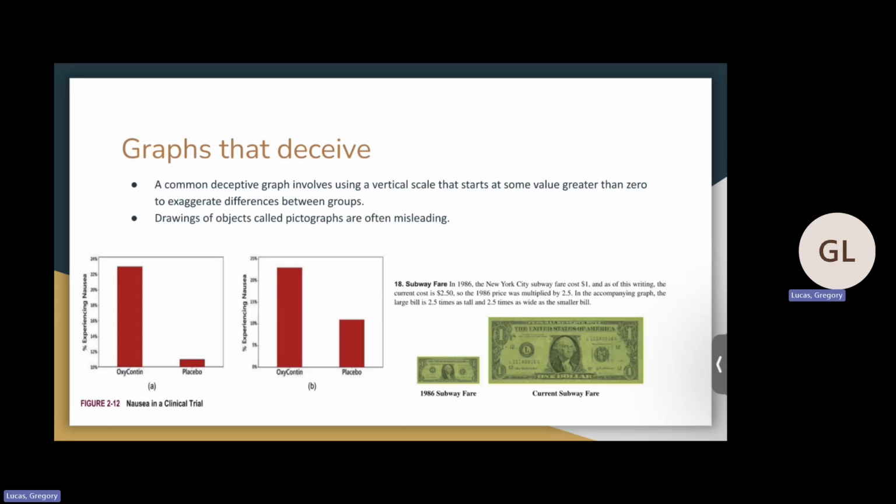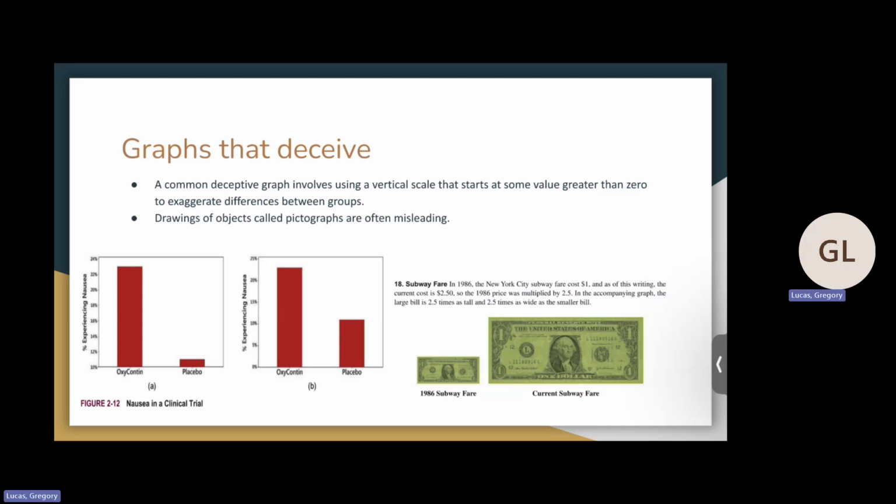We look at the second one, where we started at true 0, we can see maybe there's not as much of a difference as we thought. So starting a vertical scale at a number greater than 0 can really skew what the conclusion actually says. This is a common tactic used when you want to have a conclusion that the data doesn't match. Not the most ethical way to do it, but it probably is commonly used.